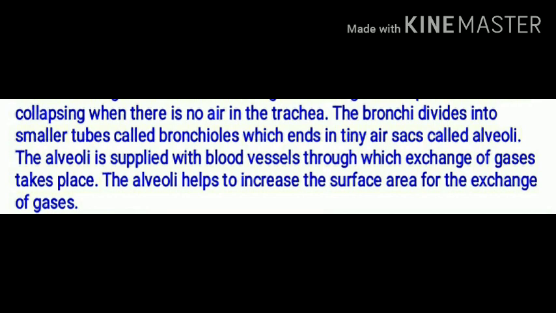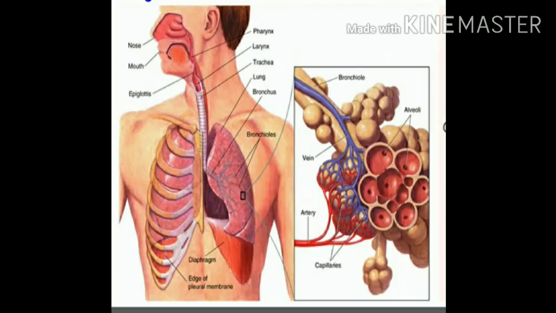The alveoli are supplied with blood vessels through which exchange of gases takes place. The alveoli help to increase the surface area for exchange of gases. In other words, it is in the alveoli that gaseous exchange takes place.